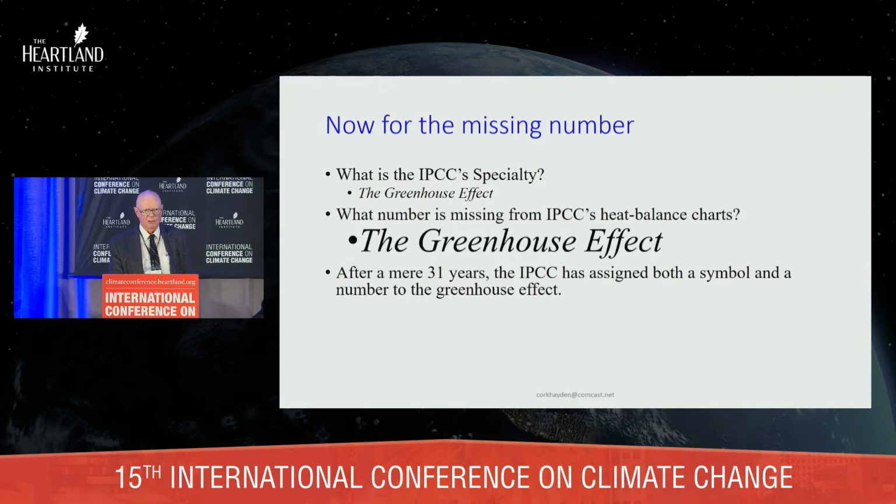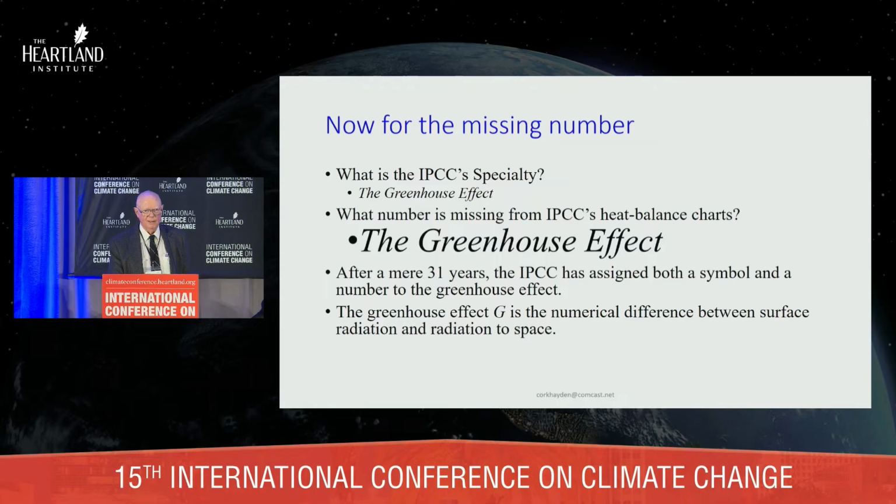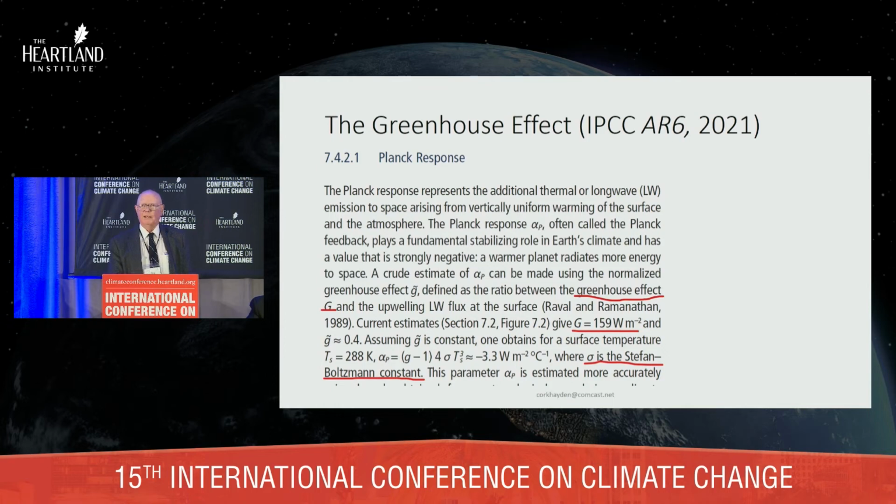Or it could just be stupid, I don't know. Anyway, the greenhouse effect, G, is the numerical difference between the surface radiation and the radiation to space. And God forbid you should have it in a heat balance chart. But here you come. Here is this interesting paragraph from AR-6.